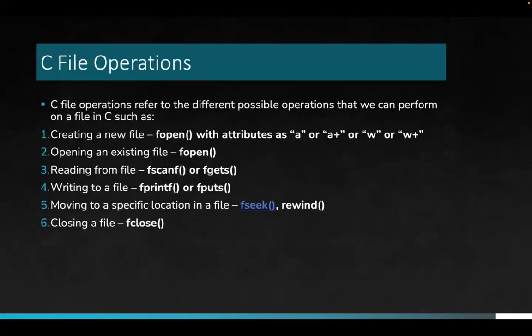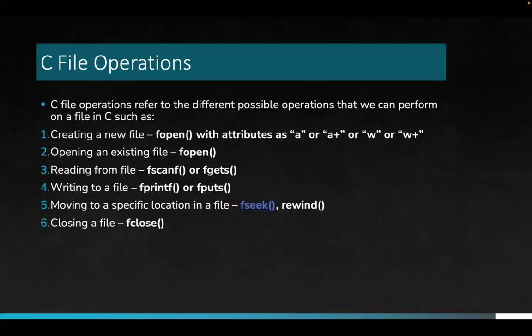And what are the file operations we can perform in C? C file operations can be referred to in the below format. You can use the function fopen to open a file. Now, what are the different modes in which you can open the file?